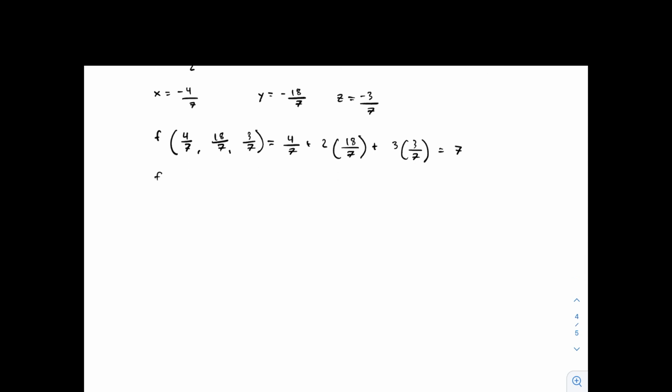If we plug in our negative values, then we'll get negative 4 over 7 plus 2 times negative 18 over 7 plus 3 times negative 3 over 7, and it's going to be negative 7.